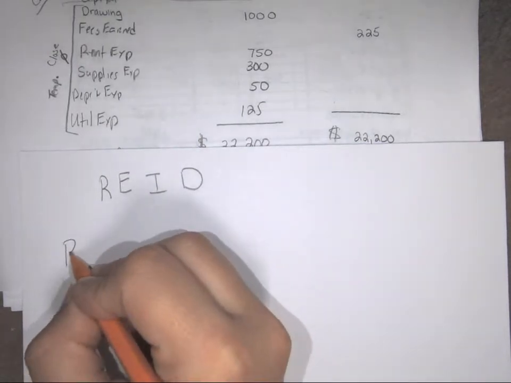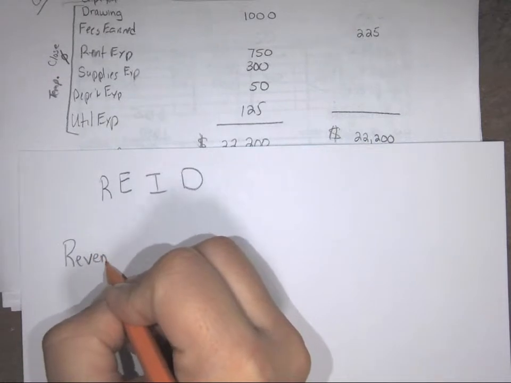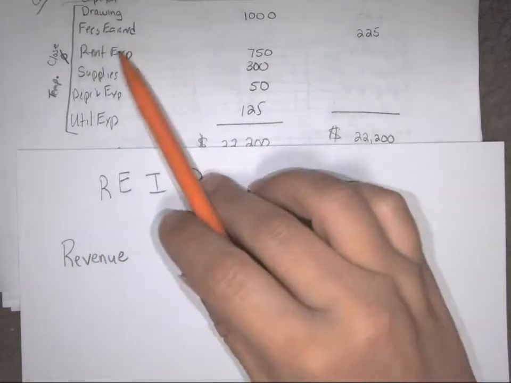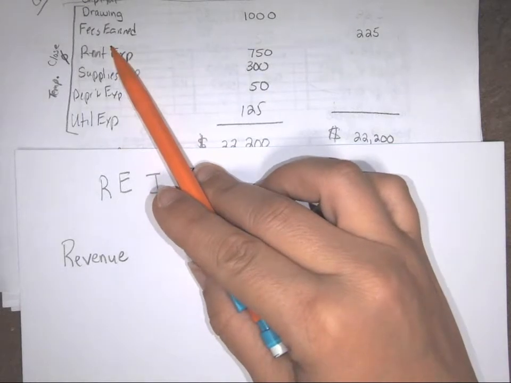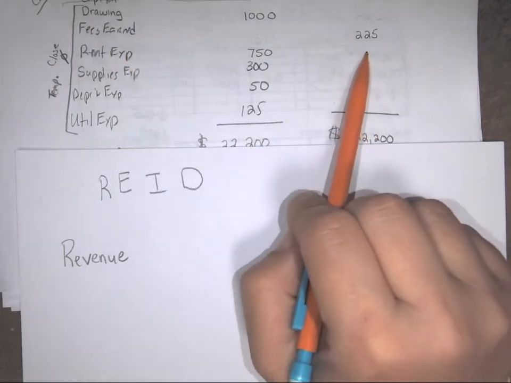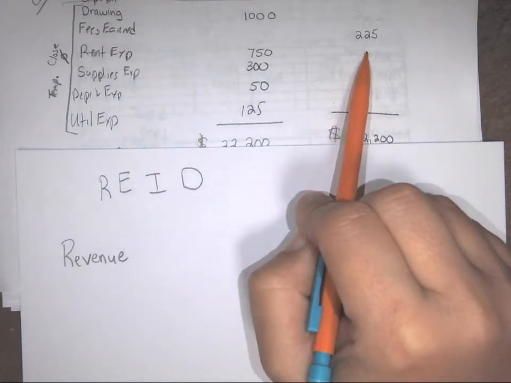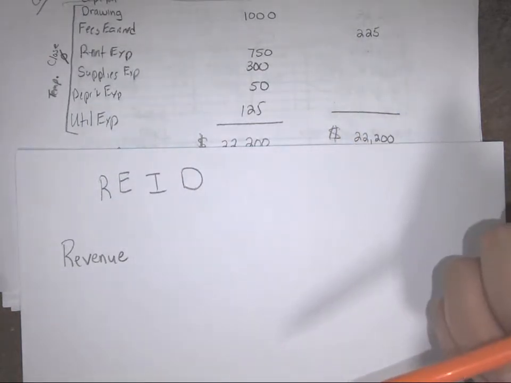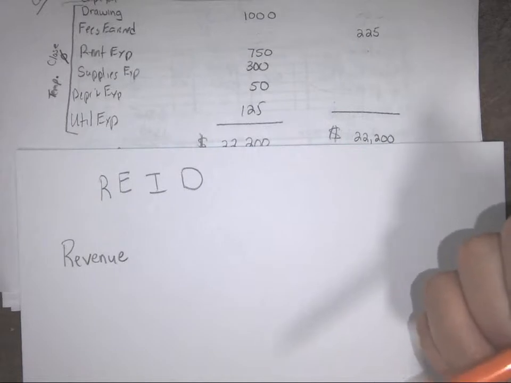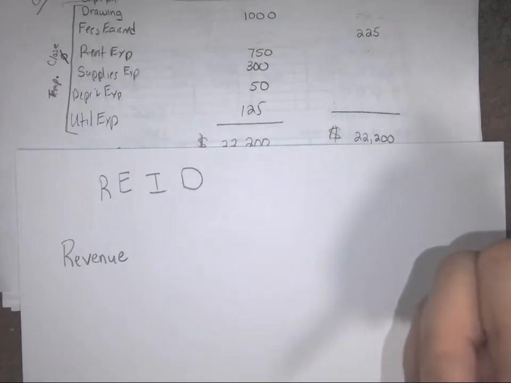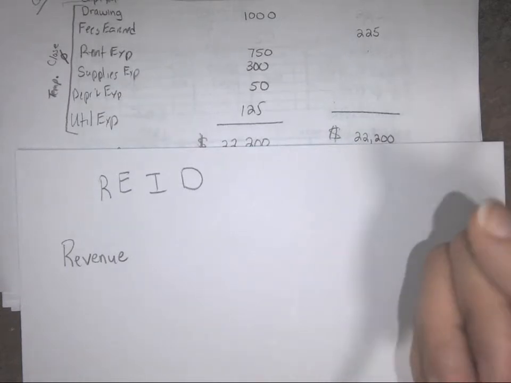So the first thing we have here is closing out that revenue account with that R. The only revenue we have on this particular one is fees earned, and it is for $225. Now we could have a lot more out there if we had different types of earning accounts, but for this particular one we only have the one.